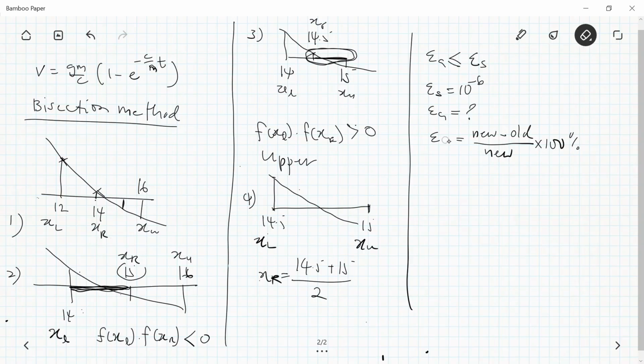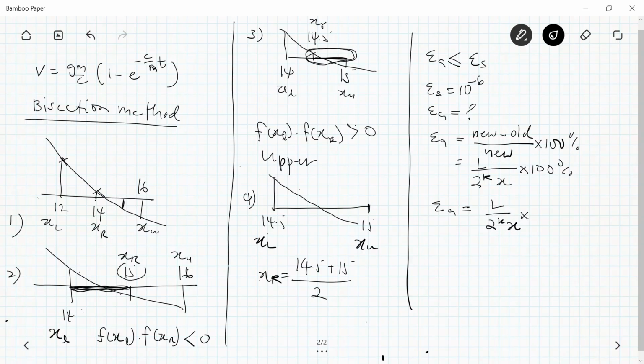That is our approximation error. This can be simplified: new minus old is just our L, and after a few iterations we get 2 to the power of k, where k is the number of iterations. And of course, this is the new root, x, times 100%. So we know that our EA is equal to L over 2 to the k times x, times 100%.